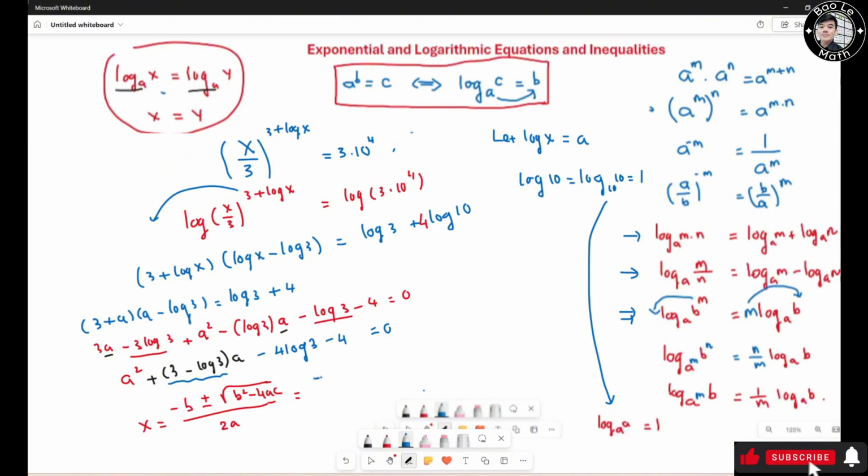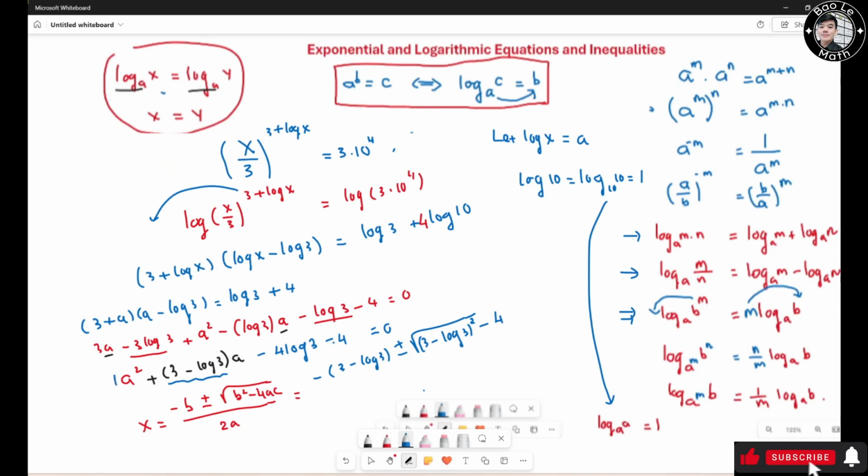So it's going to be negative (3 minus log 3), plus or minus the square root of b squared, which means (3 minus log 3) altogether squared, minus 4 times a. a in this situation is 1.